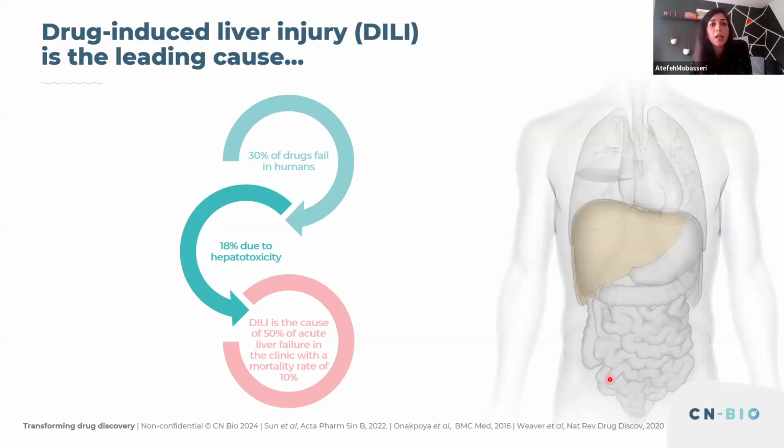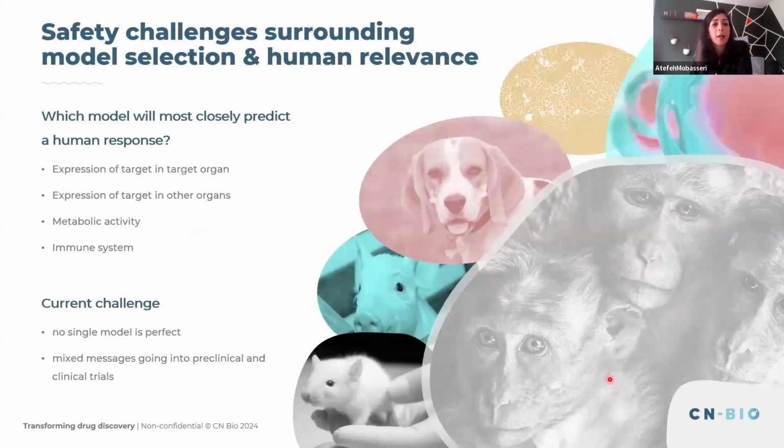This is a serious challenge, and there are challenges around investigating DILI. We need a model to be able to see the expression of the target in the target organ, also expression of targets in other organs, and also look at the metabolic activity, and if we can, include an immune system component.